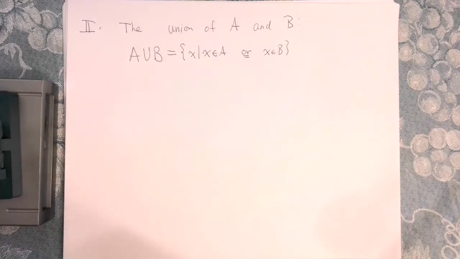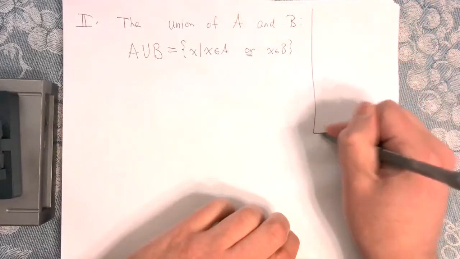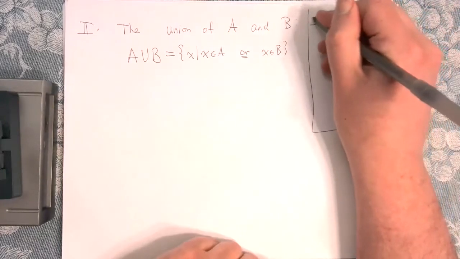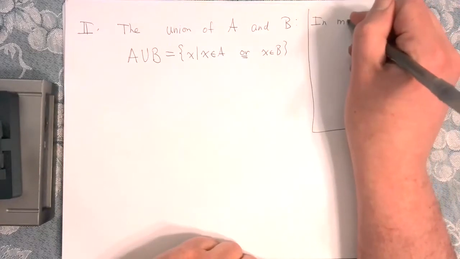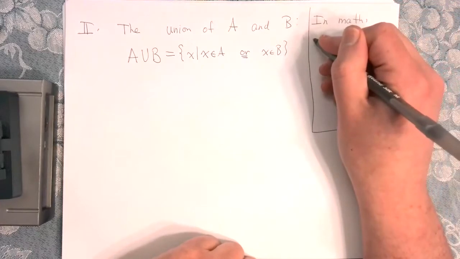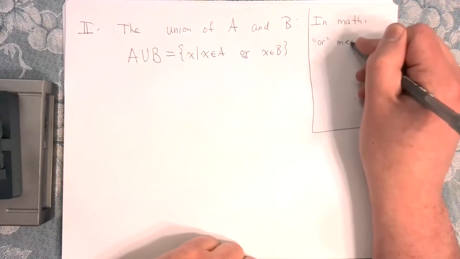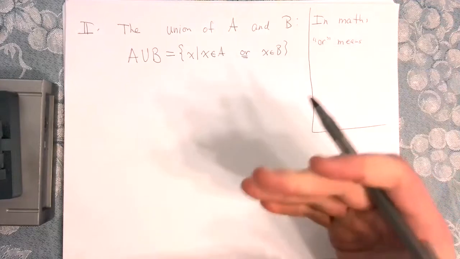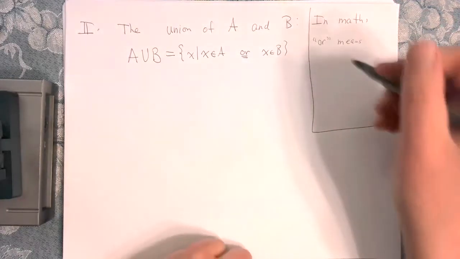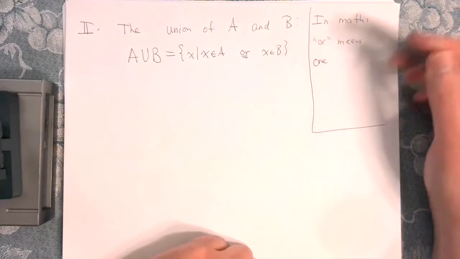Now, or is a bit of a strange matter in mathematics. It doesn't quite mean what it means in everyday talk. So in math, or means one or the other or both. So this side note is informal.